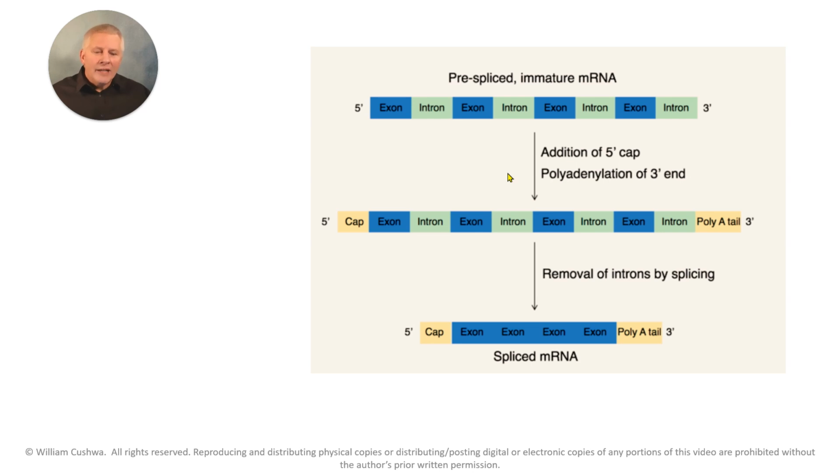First, a modified guanine nucleotide is added to the 5' end of the mRNA, and this is referred to as the 5' cap. Second, a poly-A tail, which consists of an average of approximately 200 or so consecutive adenine nucleotides, is added to the 3' end of the mRNA.